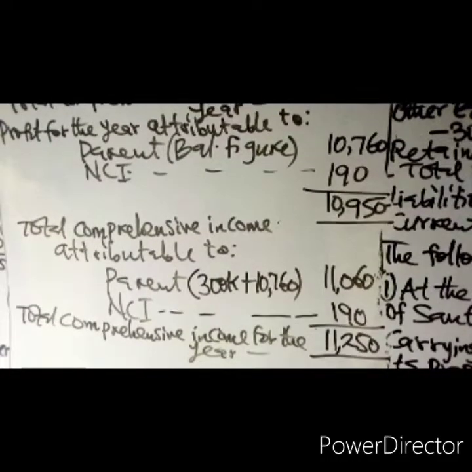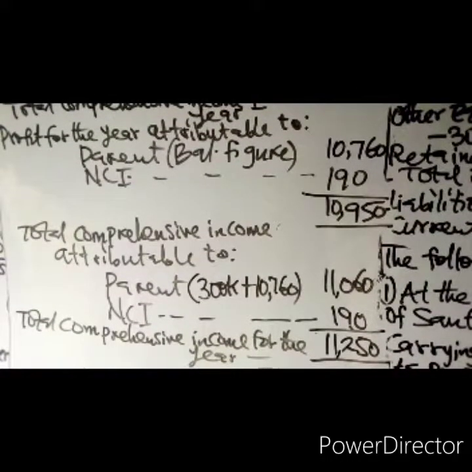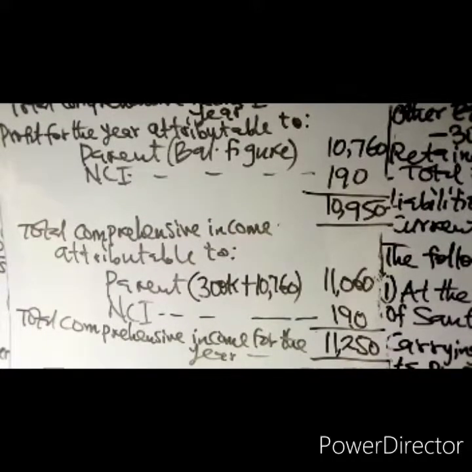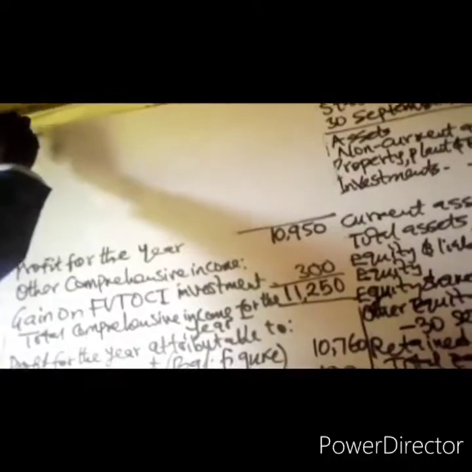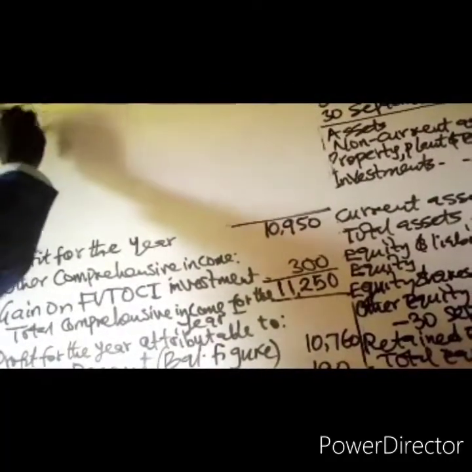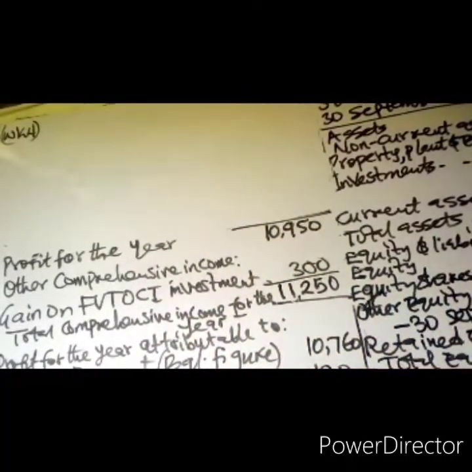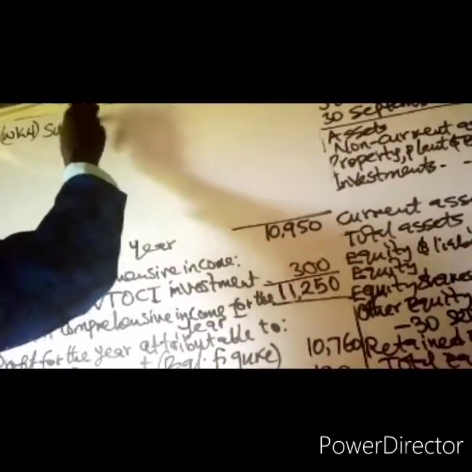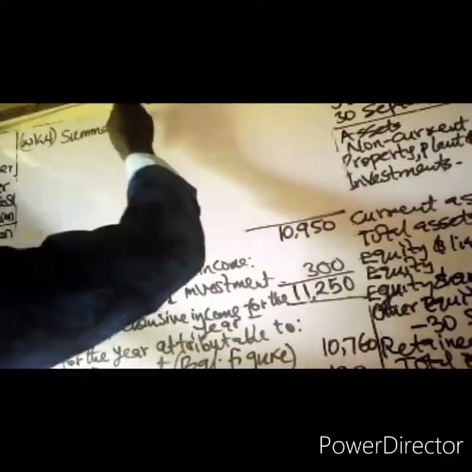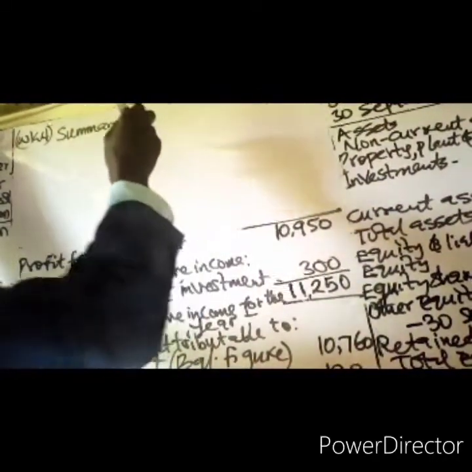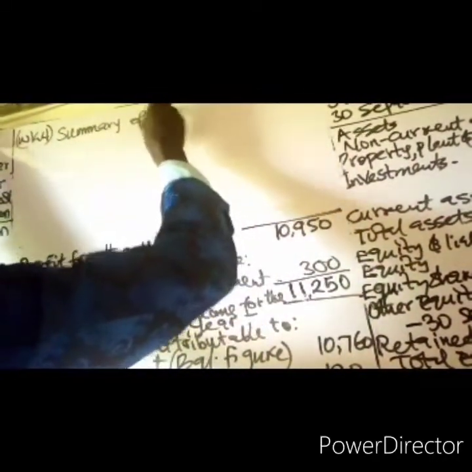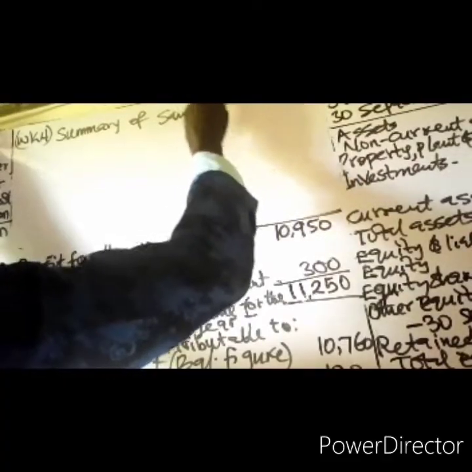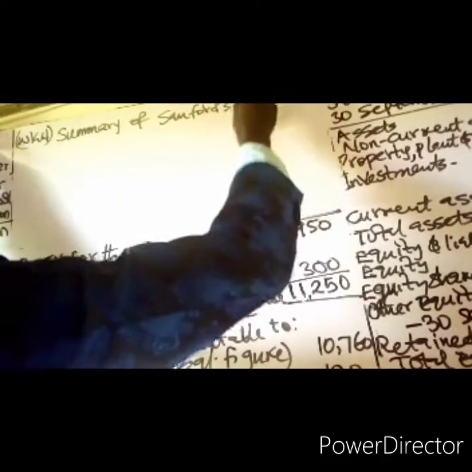Then we want to prepare the statement of financial position. For the purpose of the consolidated statement of financial position, we are going to have the summary of the subsidiary net assets. Summary of Sanford's net assets.